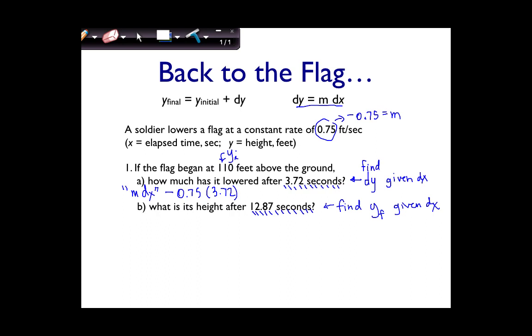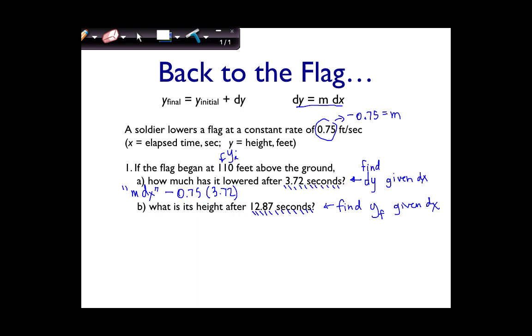Now, if you're writing a sentence about this, and the question was how much has the flag's height decreased or how much has the flag's height lowered after 3.72 seconds, I don't need to say it's lowered by negative 2 point something feet.